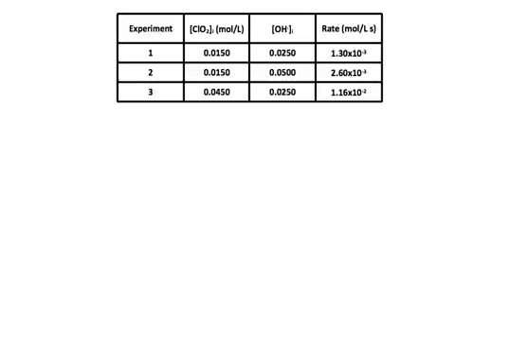Now we can go and look at experiments 1 and 3 to look at the effect on rate of changing the concentration of ClO2. So again, what we're looking at here is a rate effect caused by ClO2 concentration raised to some exponent.